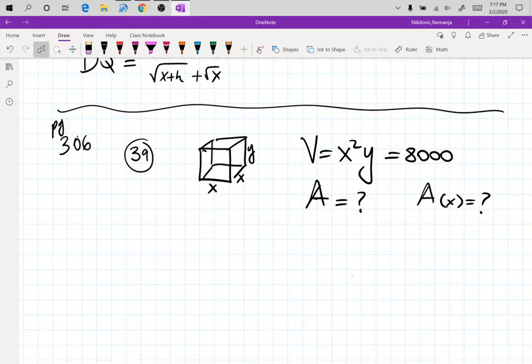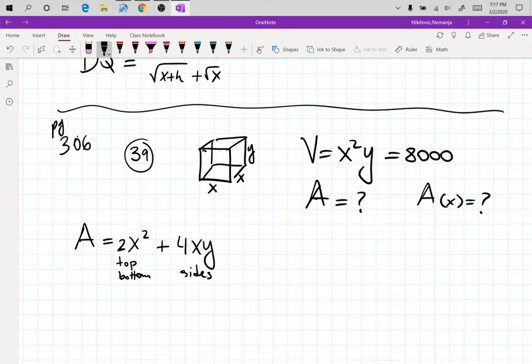Okay. We will come up with a formula for surface area. I have x squared, but two of those, because I have the top and the bottom. And then I have 4xy sides.